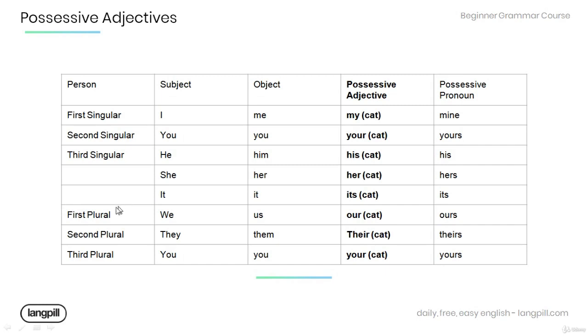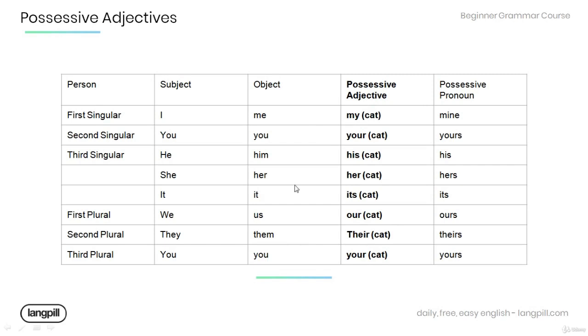First person plural. Subject, we. Object, us. Possessive adjective, our cat. Possessive pronoun, ours. Second person plural. Subject, they. Object, them.